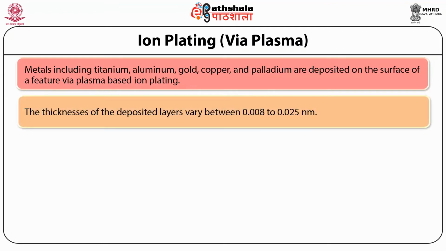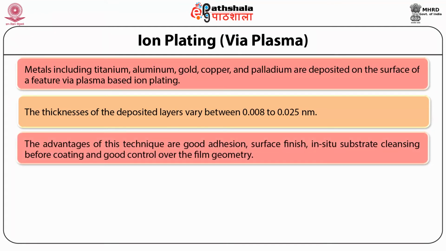The thicknesses of the deposited layers vary between 0.008 to 0.025 nanometer. The advantages of this technique are good adhesion, surface finish, in situ substrate cleansing before coating, and good control over the film geometry.